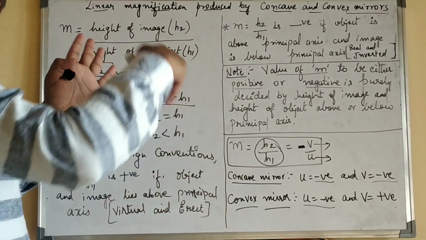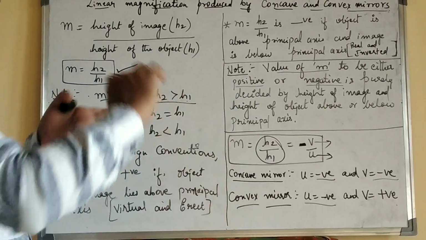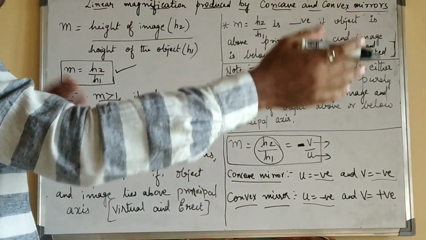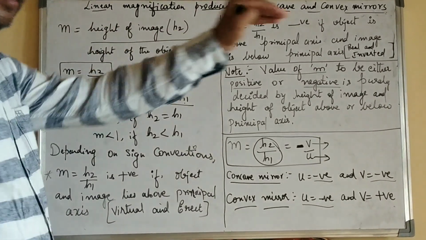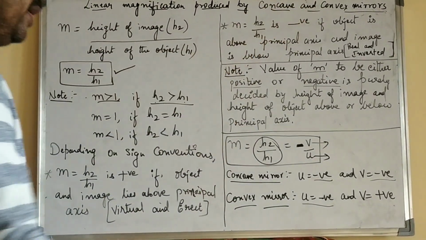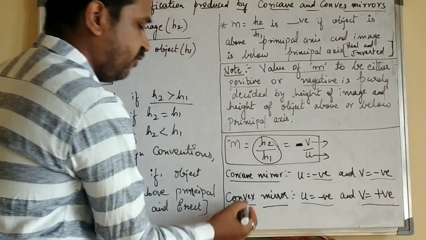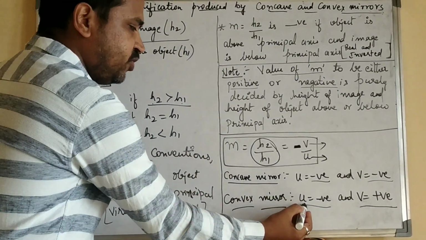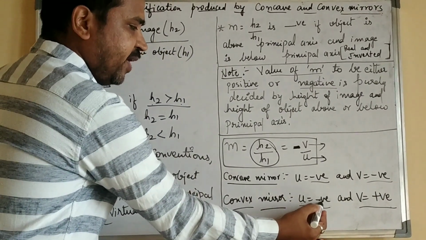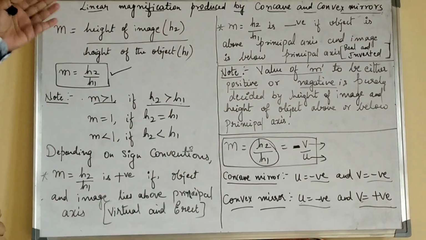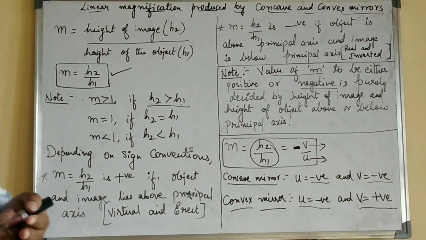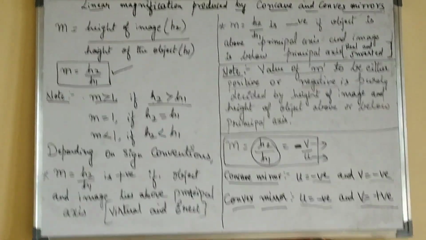Whereas the image is formed behind the mirror. So you are taking the measurement from the pole in the direction of the incident ray. That's why V is positive. So for a convex mirror, object distance is negative, image distance is positive. Understood? So after understanding this, we can move to the problems.